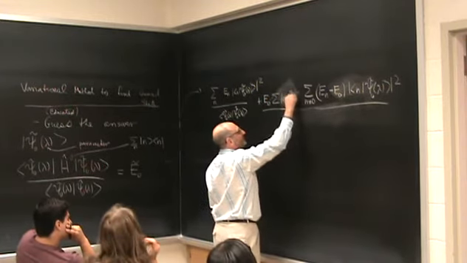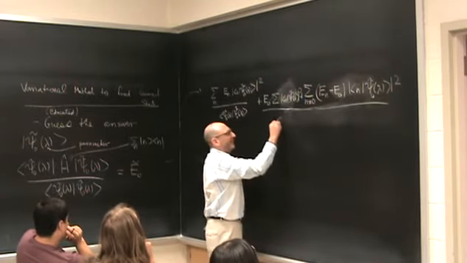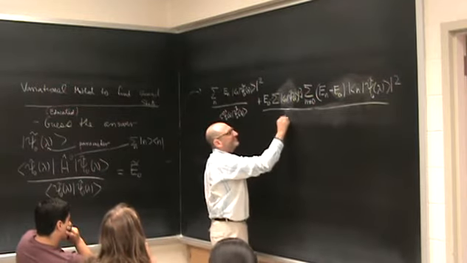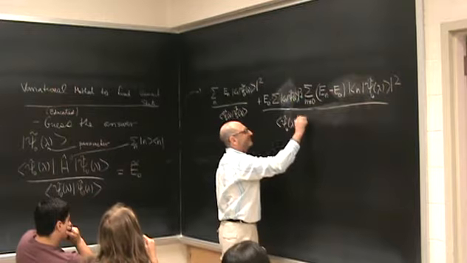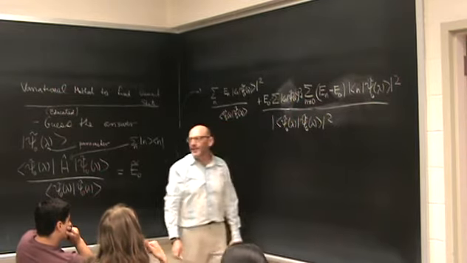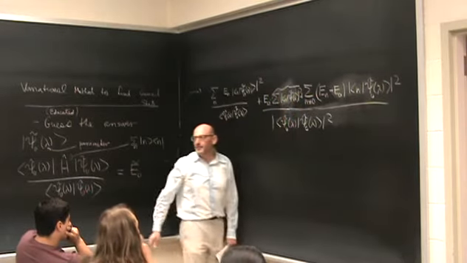Now it's right over the norm. So I just added some E0. And this is the norm of a vector.